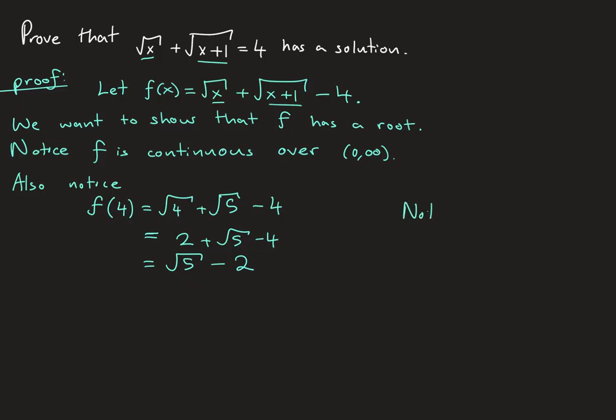I think that's definitely going to be positive, but let me argue this. Notice. Let's go with 4 is less than 5, which implies 2 is less than the square root of 5, which implies that 0 is less than root 5 minus 2. Okay, nice. So this would be bigger than 0.